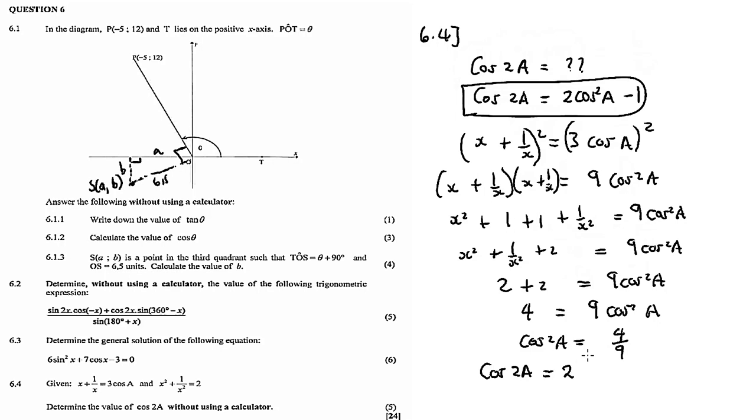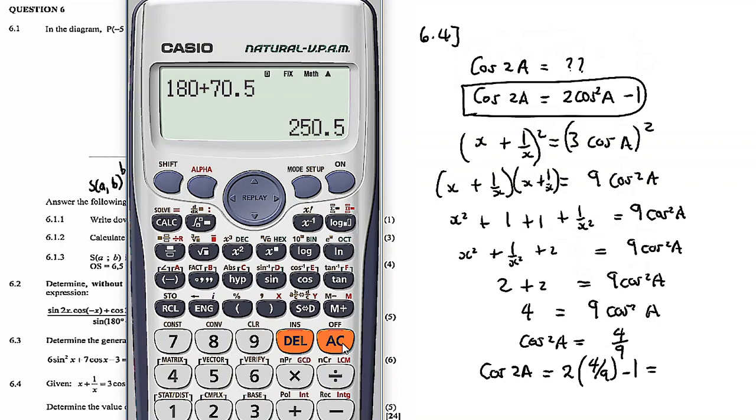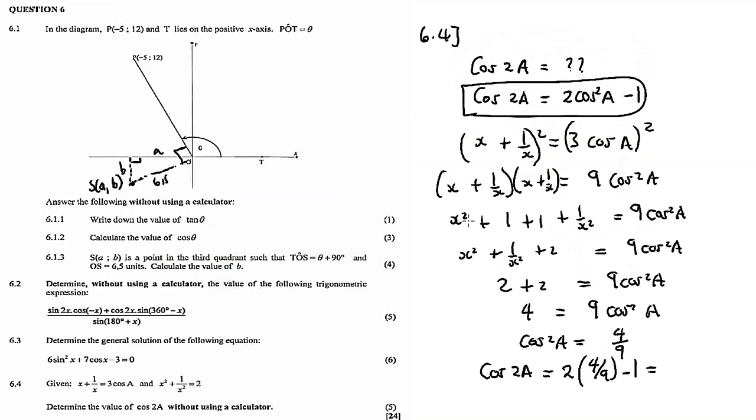So 2 open bracket, for cos squared a I put 4 over 9, minus 1, equal to minus 1 over 9.